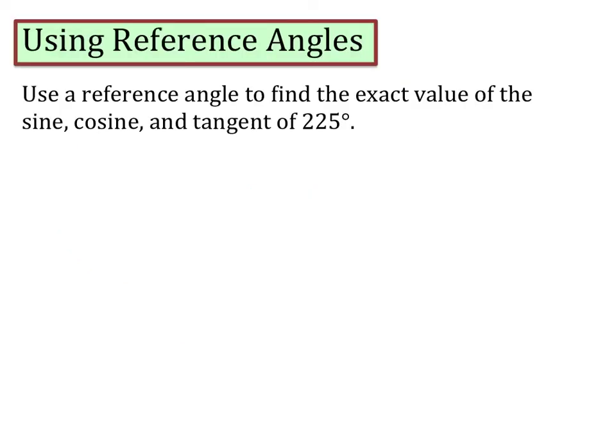So now that we're familiar with the unit circle, we're going to use it and reference angles to find the exact value of sine, cosine, and tangent of the angle 225. So the first thing we want to do here is we want to draw the angle.